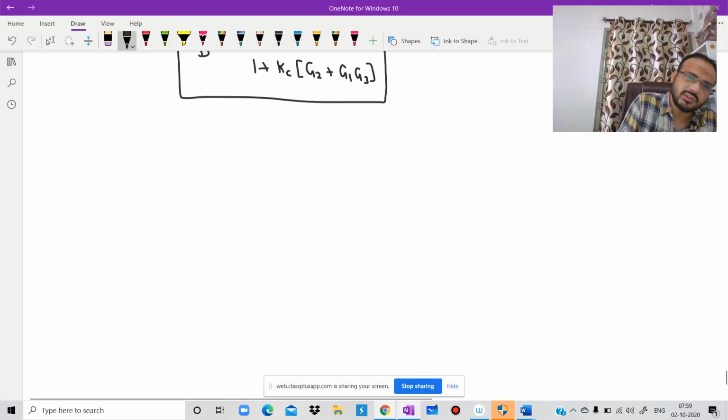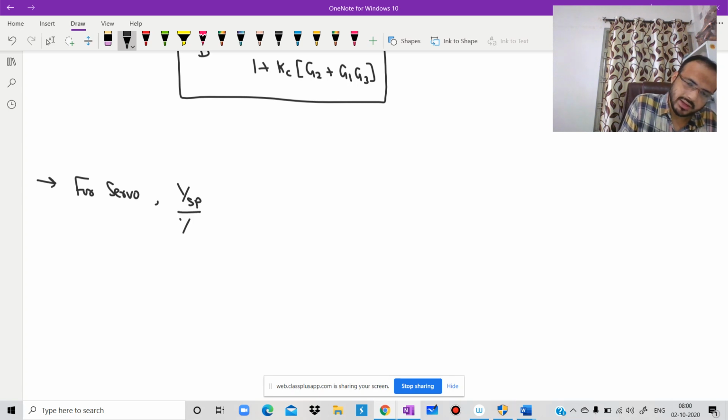Now I will not calculate for servo 1. Please tell me value for servo 1, Y by Y set point. Please tell me the value of this one.